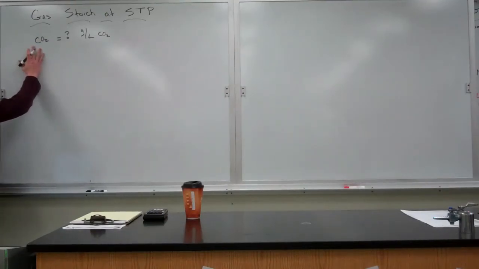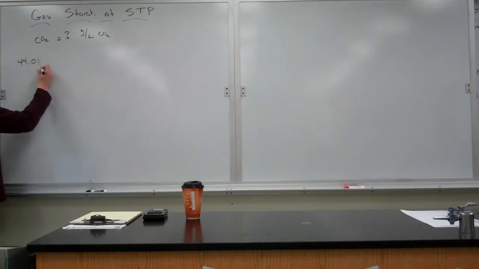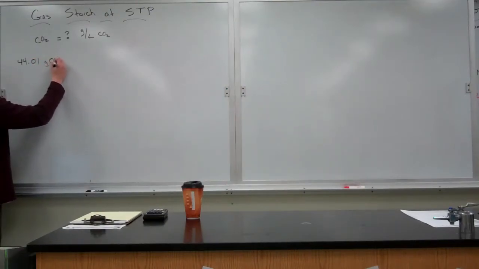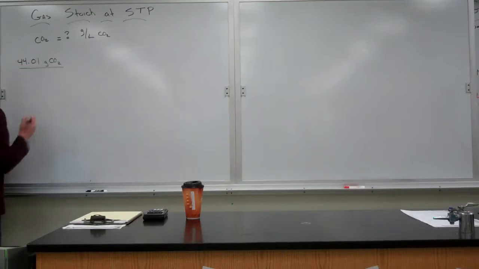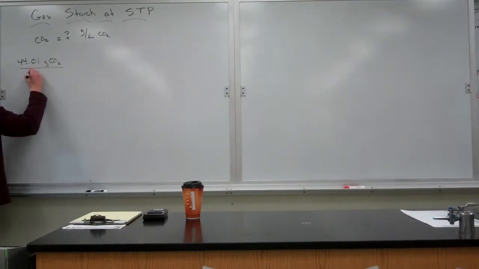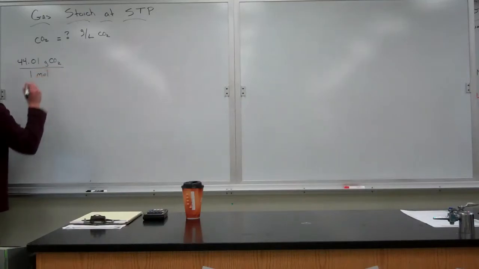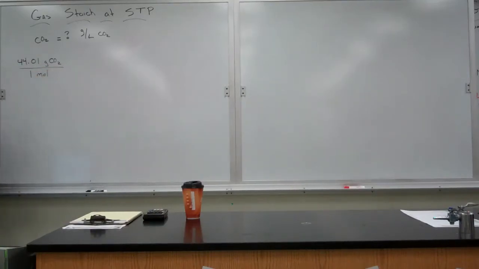So if I take carbon, which is 12.01, plus 2 times oxygen, which is 32.00, off the table, I would come to the conclusion that carbon dioxide has a molar mass of 44.01 grams per 1 mole.